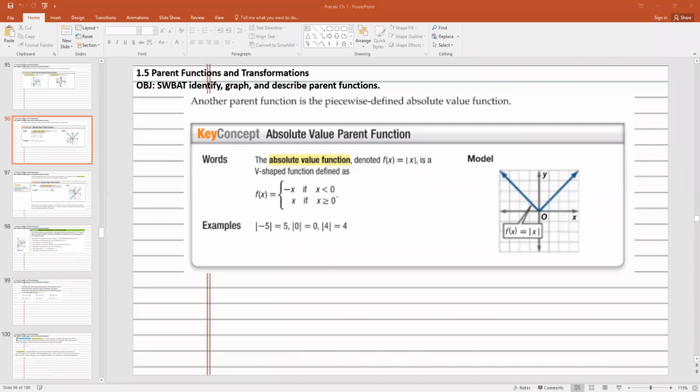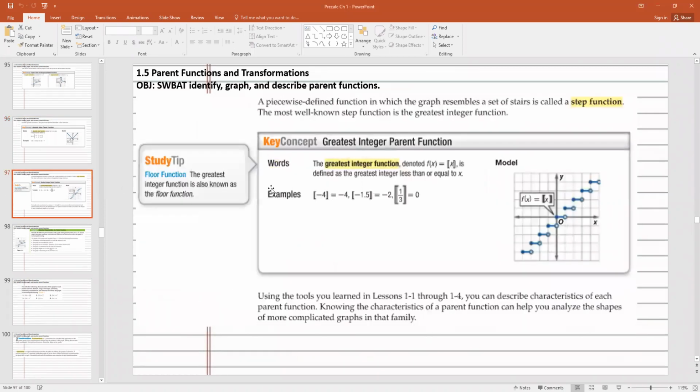And we'll look at translating these, transforming them, in the next section, or it might be in the later section. I think it's the second half of the section. All right, so you have that one, absolute values.